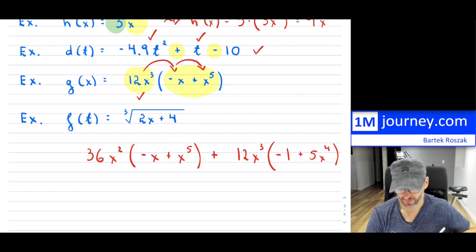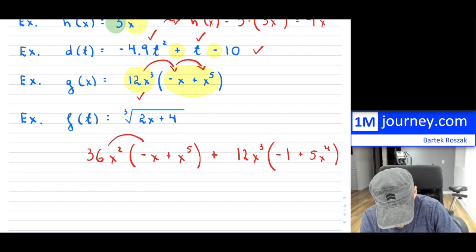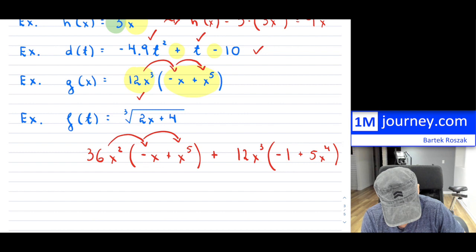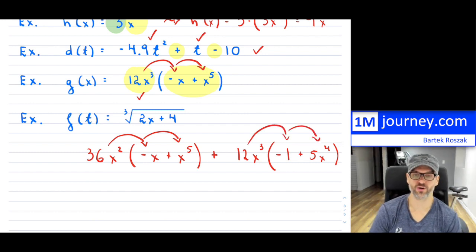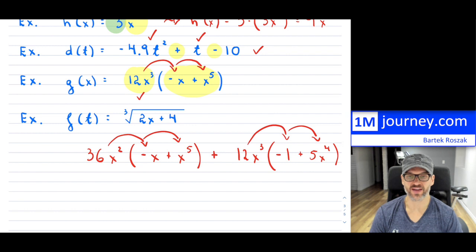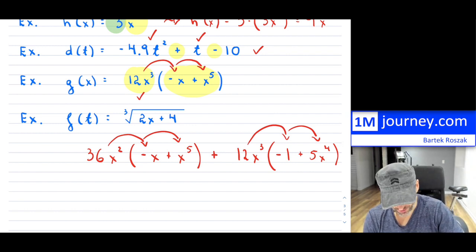And now, sure, if you really want to, you can bring this inside over here. You can distribute this across. You can collect like terms if there are any, and simplify as needed. But that is the application of the product rule.